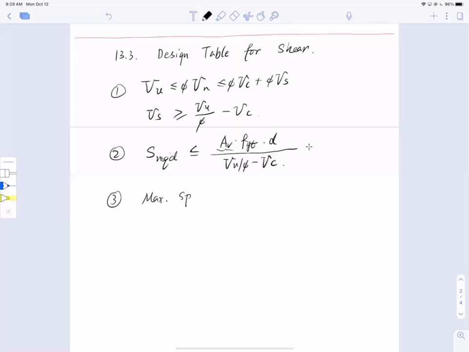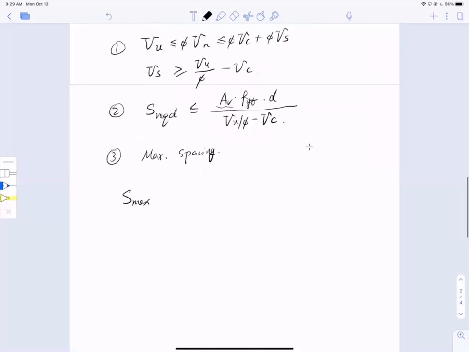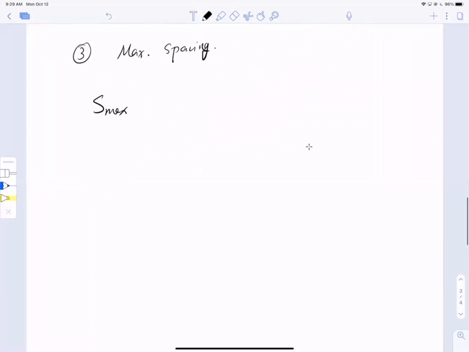Now the third step is to check the maximum spacing requirement. I have to satisfy that the maximum spacing has to be the least of 4 things. I'm going to group all these requirements together. The first one is d divided by 2, or 24 inches.